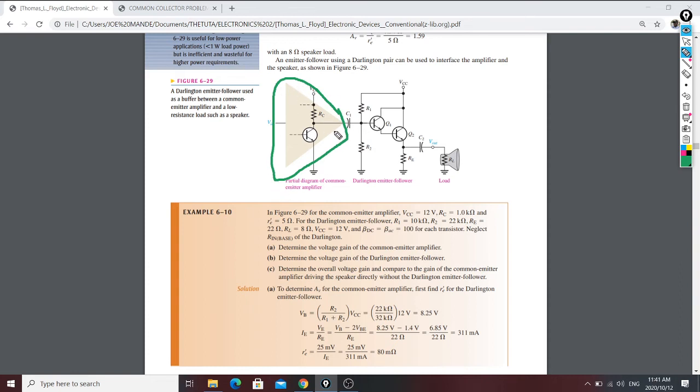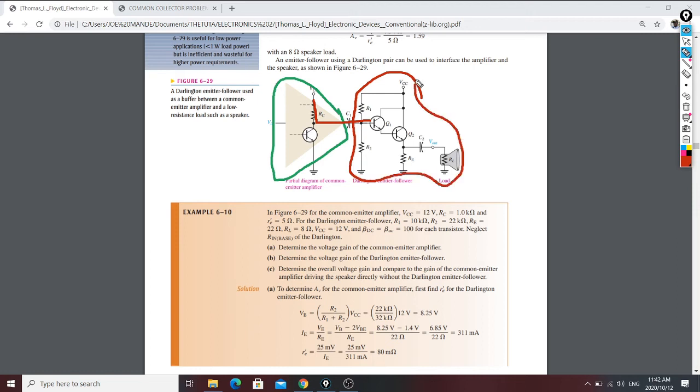But before we do that, we first need to get what is going to be the load of this common emitter amplifier. Now look here at what's happened. You have RC in parallel with what? With this. So basically this Darlington is like our load.